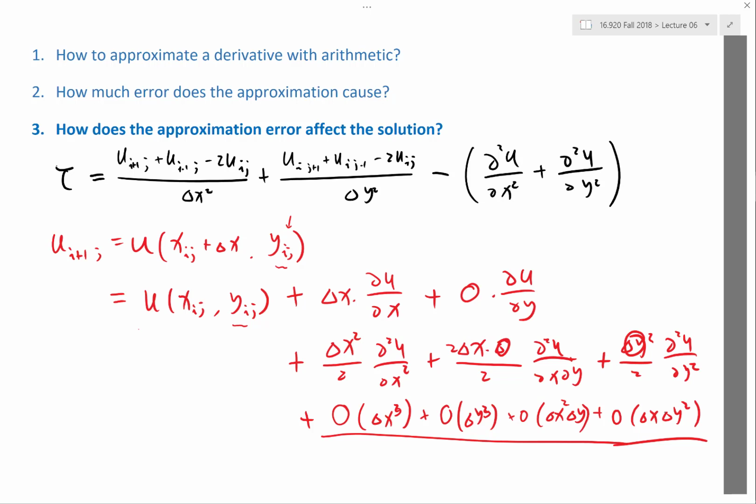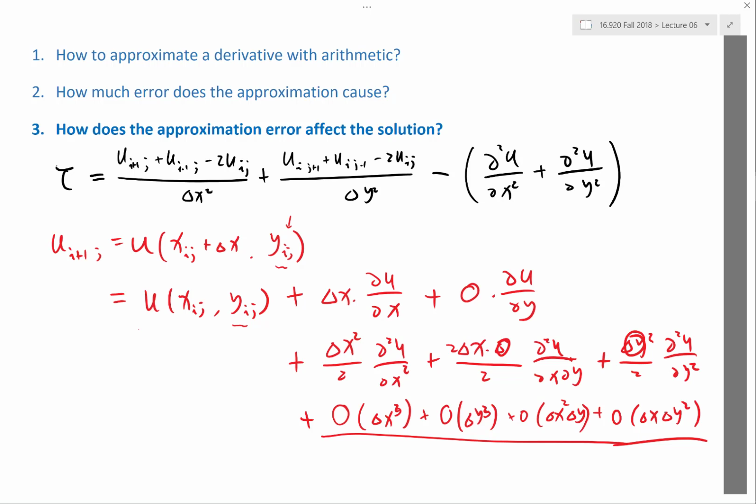But these terms are on the same order if you refine isotropically. What does that mean? It means every time you make delta x smaller, you also make delta y smaller in a proportional way. So if you refine isotropically, then you don't have to write down all of these O terms. You can just say plus O delta x cubed. The assumption is isotropic refinement.